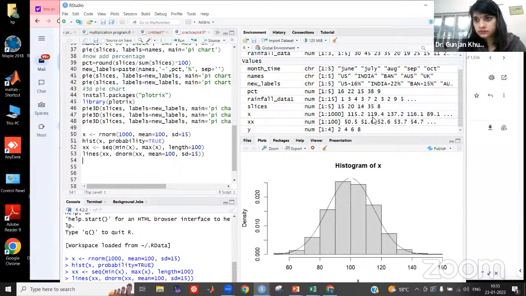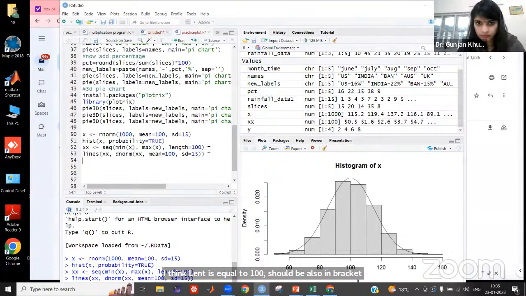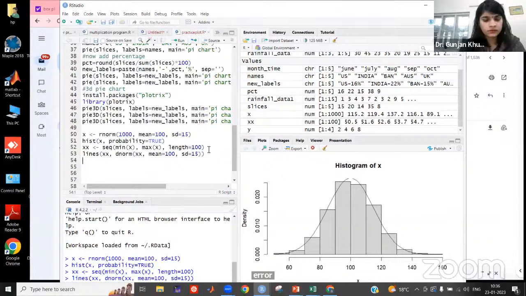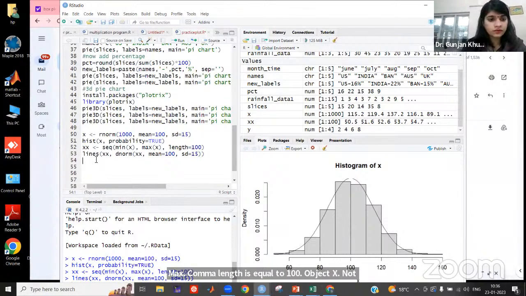I think length equal to 100 should also be in the bracket. No, it's fine. Error in seq: default minimum x, maximum x, comma, length equal to 100, object x not found. x is coming, I can see x. Can you send the picture of the code? Yes, yeah.